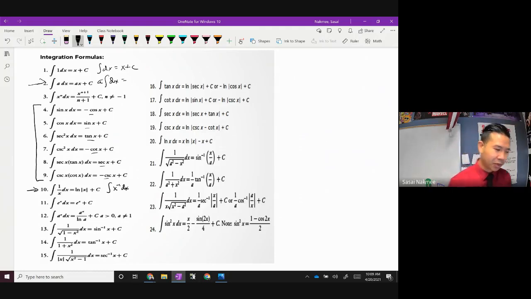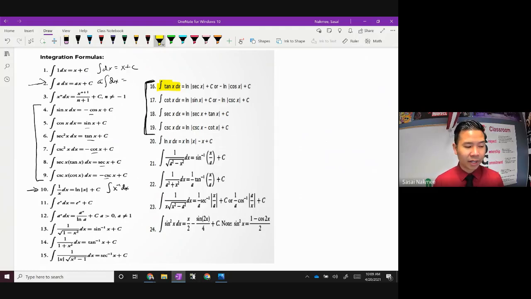This is where I was hesitant to show you this, but I keep seeing these problems show up, and I'm a little worried that they might show up on the AP exam. These 4 right here. The integral of tangent, I guess this is the one that showed up the most. It's kind of just known. Once you see this, you don't have to prove that the integral of tangent dx is equal to ln of secant of x.